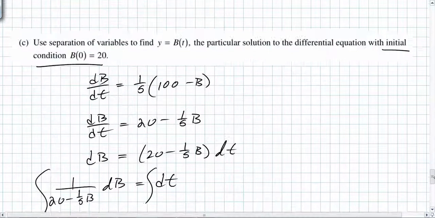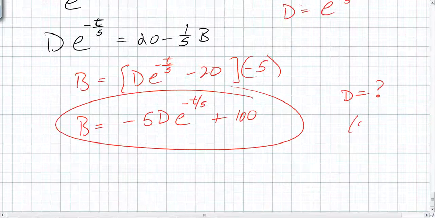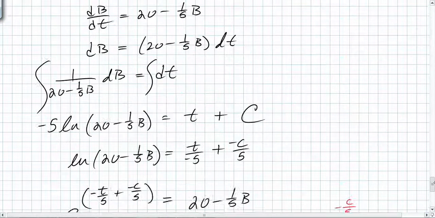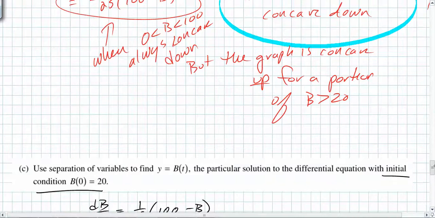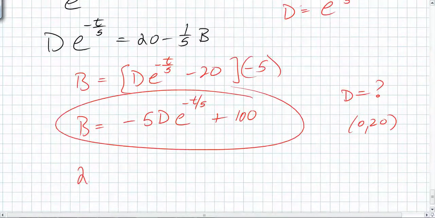It tells us something. 0, 20 is a point. So when t is 0, b is 20. So 20 is equal to negative 5d e to the 0 over 5 plus 100. It's negative, but it's 0, right?